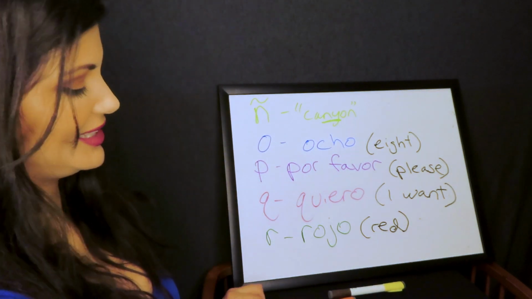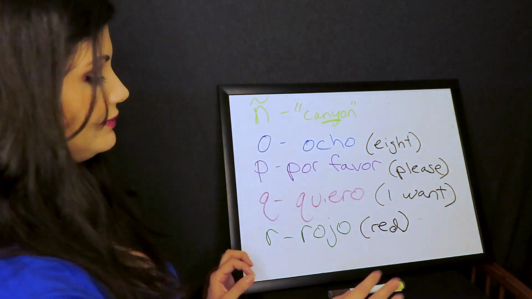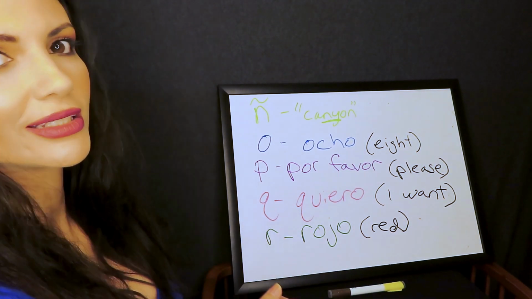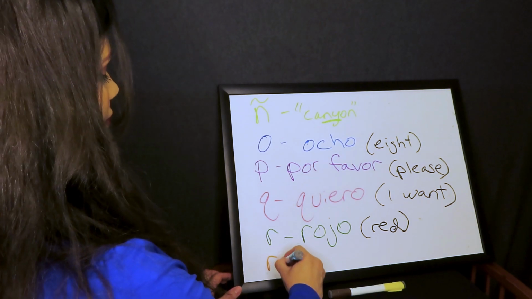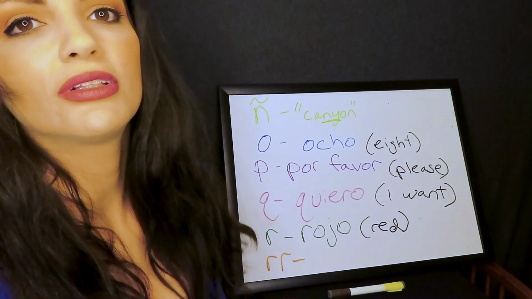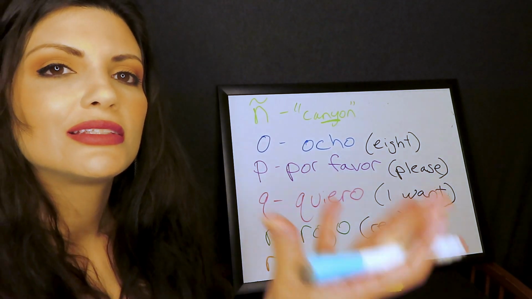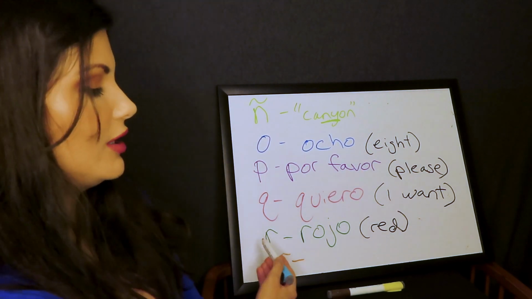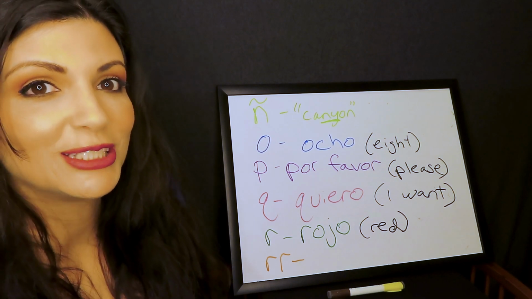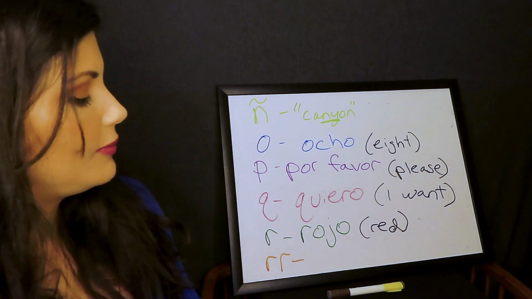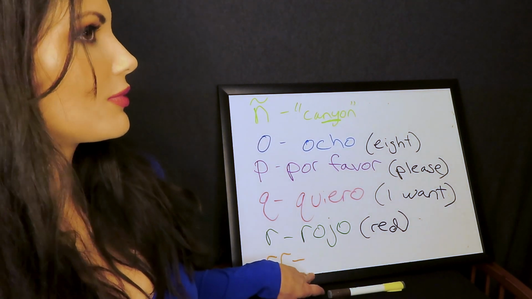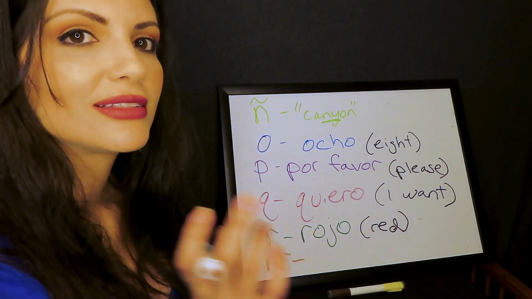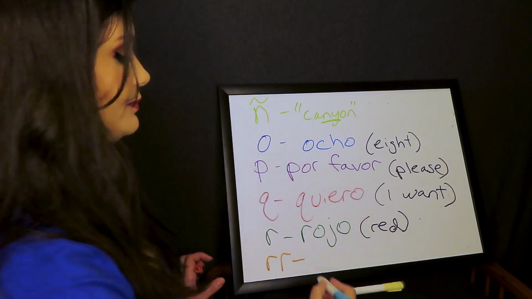And then there is the double R, which is considered a different letter and is a long, drawn out R, basically. It's just doubling the R's. So, for example, there is a word that sounds similar.